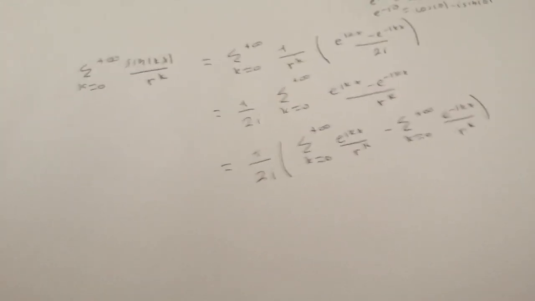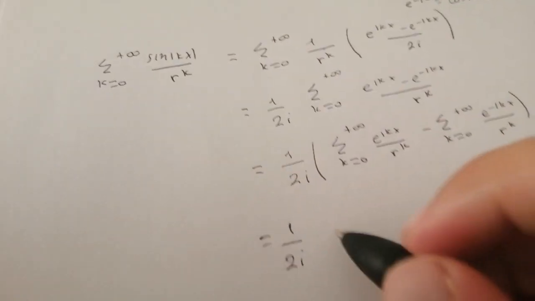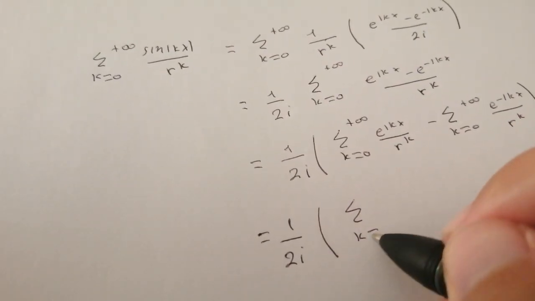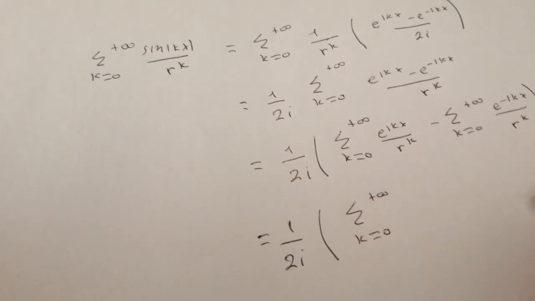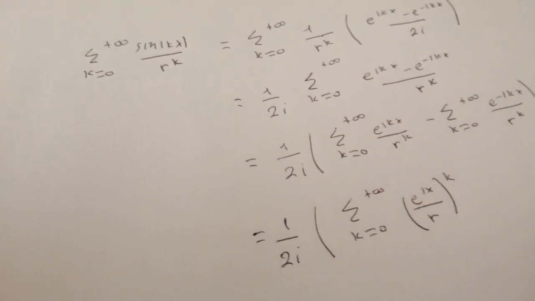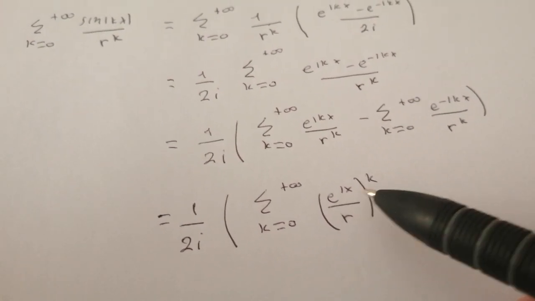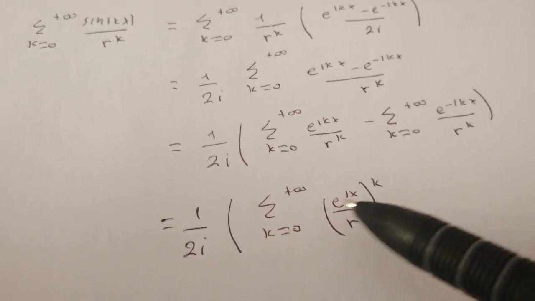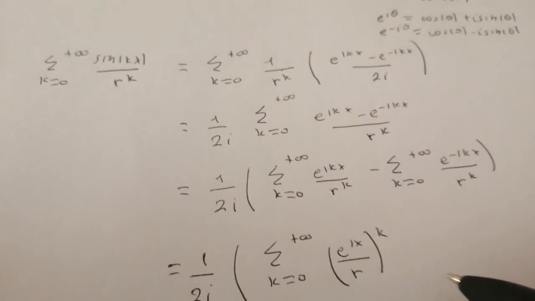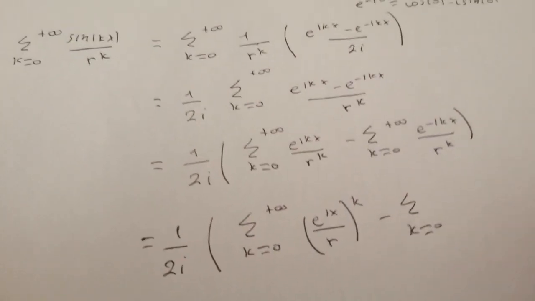We can write it in this way. Now this can be written in this way, e to the power of ix over r, and this to the power of k. And similarly we do this for the other term.